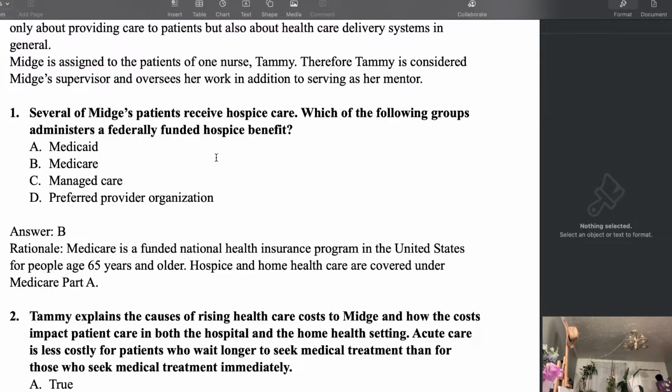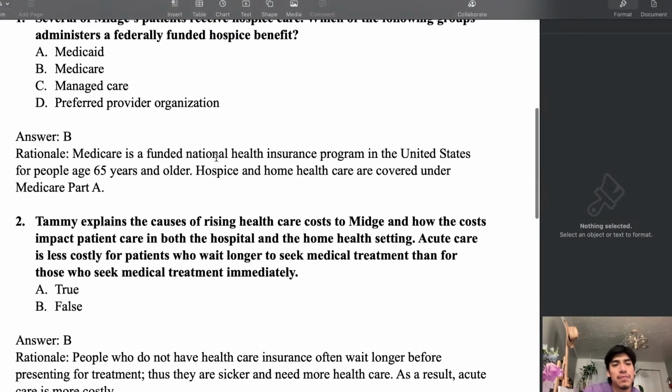So when there are cuts to Medicare, the population who suffers is the old people. Okay. So let's go over question 2.